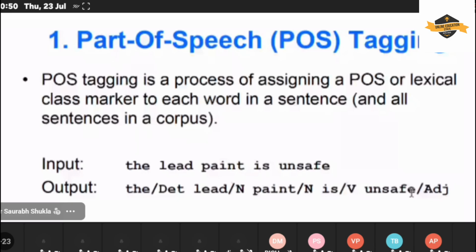So basically you are tagging a particular sentence which is broken down into individual words. You can see the, lead, paint, is, unsafe are each separate. And then you are defining which word is a determiner, which is a noun, which is a pronoun, which is an adjective. This is done with the help of POS tagging. And this separation of words from a sentence is called tokenization.